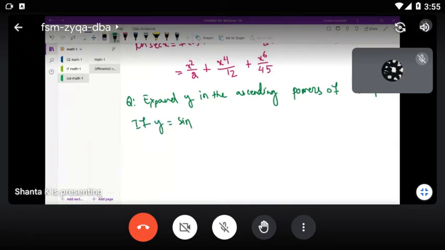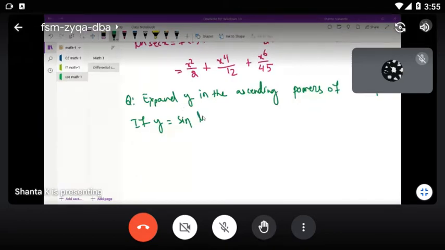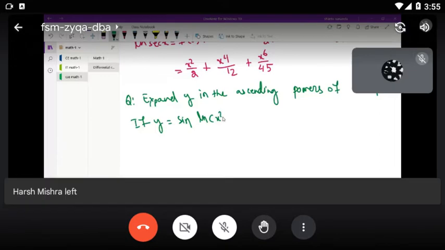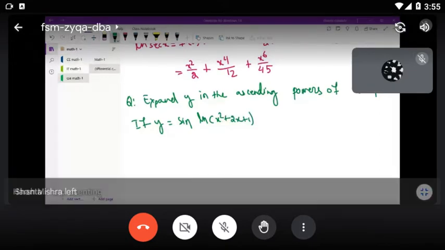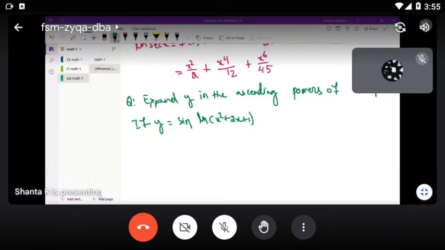So here the function is sine ln of x square plus 2x plus 1. So here also we have a composite function. You have to expand in the series, the Taylor series.